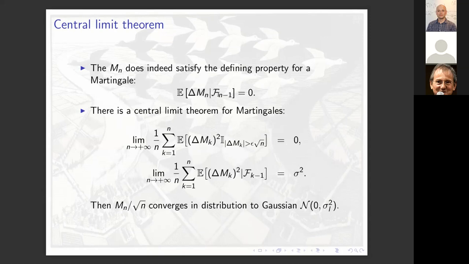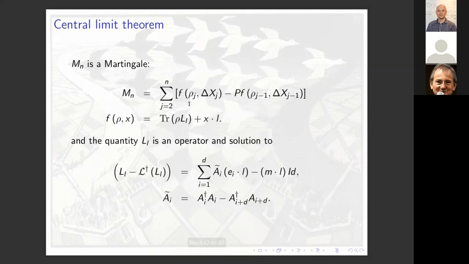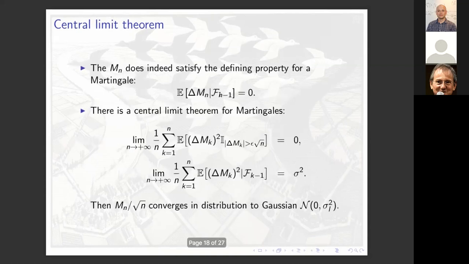So given all of the events that occurred up to time n minus 1, what's the expectation value of this incremental change in the martingale? The defining property of a martingale is that this expectation value must be 0. And using this expression here, which is our martingale, you can show that it's exactly the case.